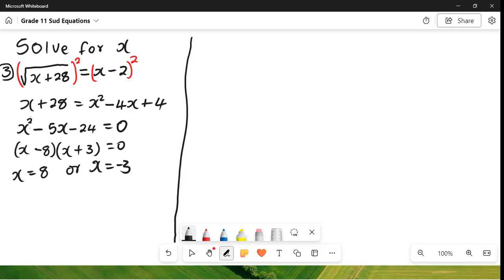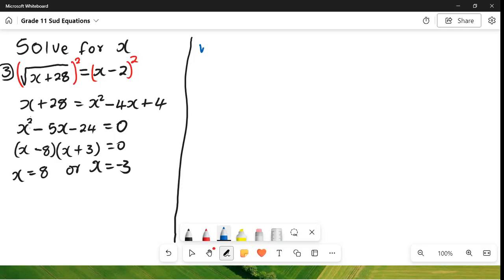So from here, you know what to do. We are going to plug the x values into the original equation and see which one, or if both of them suit this equation, give us a real root and equate the left hand side to the right hand side.